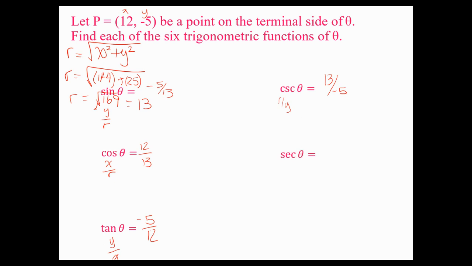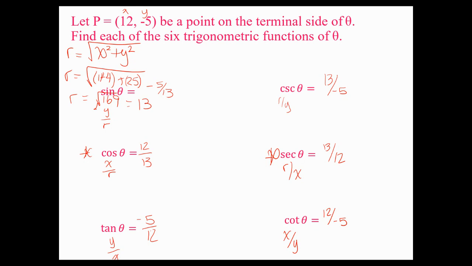My secant of theta is going to be 13 over 12, because again, that's r over x. And our cotangent is now x over y, and so that will be 12 over negative 5. Notice again, the relationship: cosine and secant are what's positive, everything else is negative.